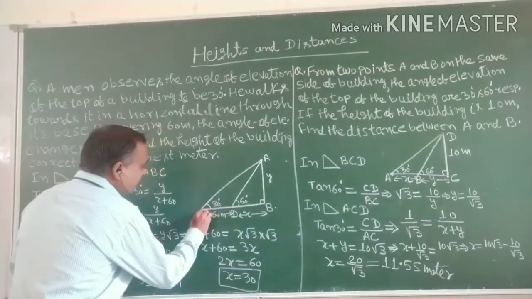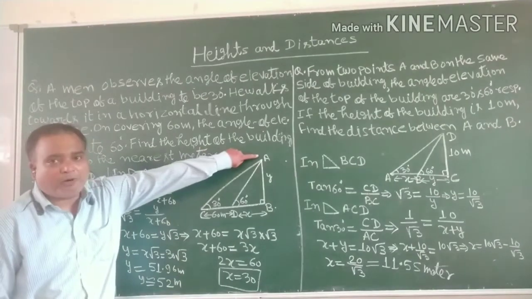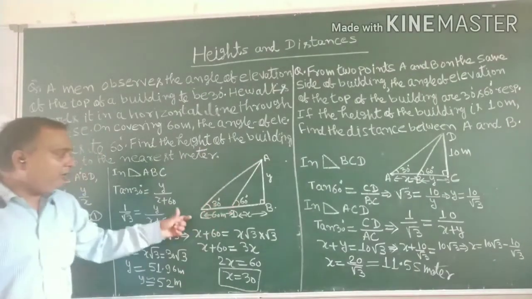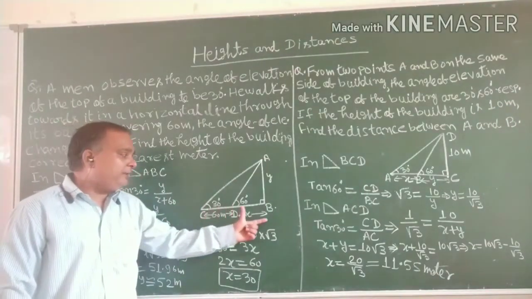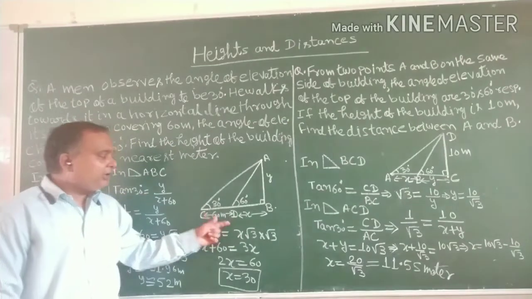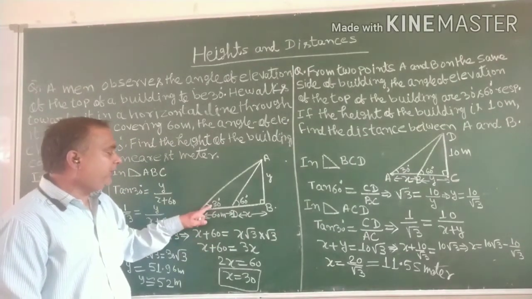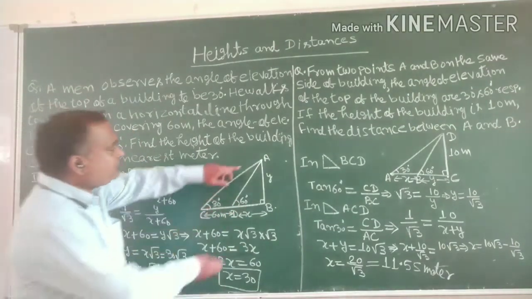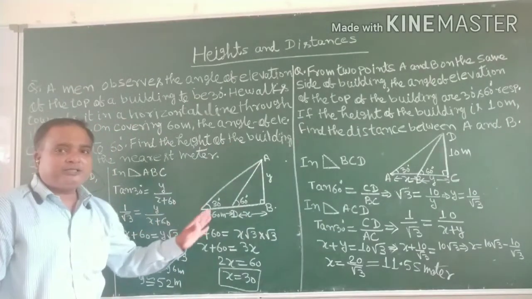At point C there is a man, and the angle of elevation between the top of building and the man is 30 degree. Now when he walked towards the same plane, the angle of elevation changed from 30 degree to 60 degree, we have to find the height of the tower correct to the nearest meter.